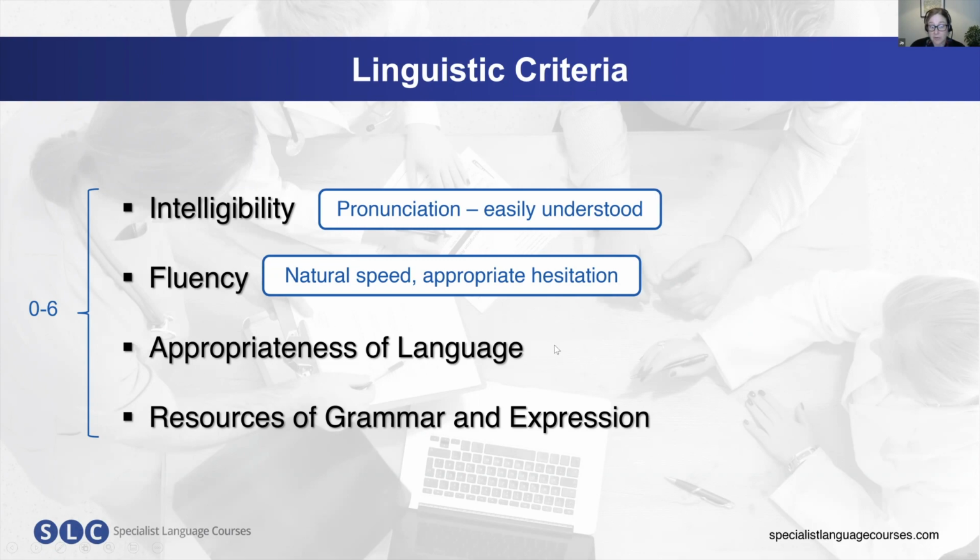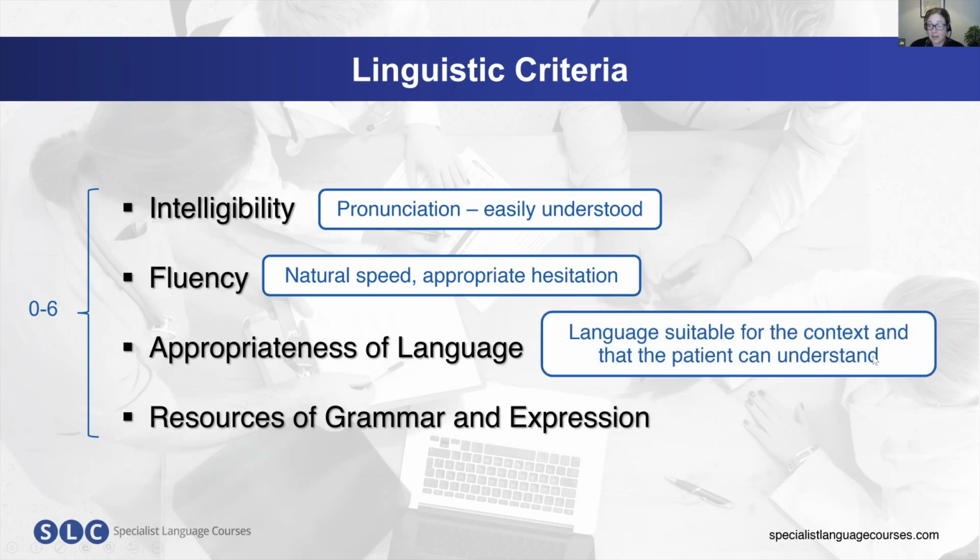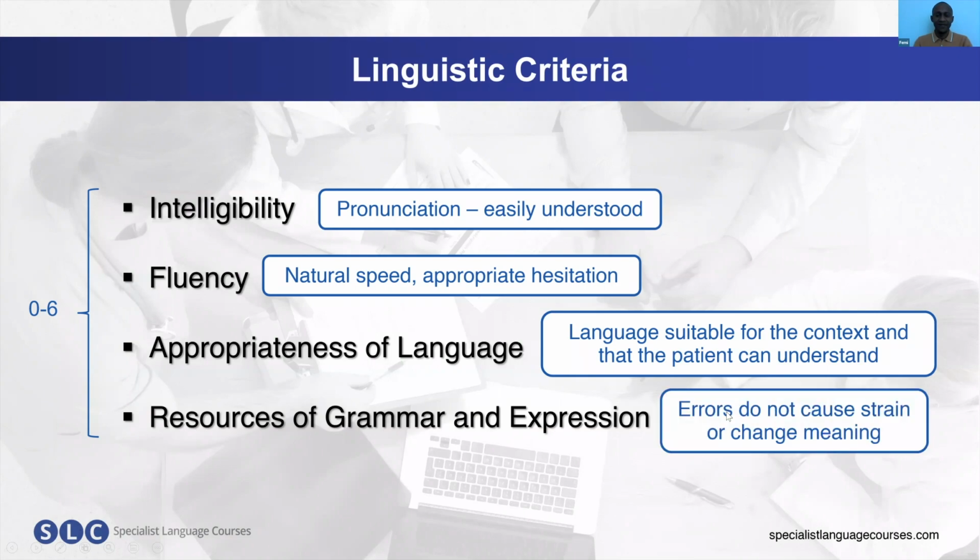Appropriateness of language: language suitable for the context, so professional, and language that the patient can understand. That includes using the right functional language. So if you're giving advice, make sure you use some phrases to give advice. And then grammar and expression: errors are okay, as long as they don't change meaning or cause strain.